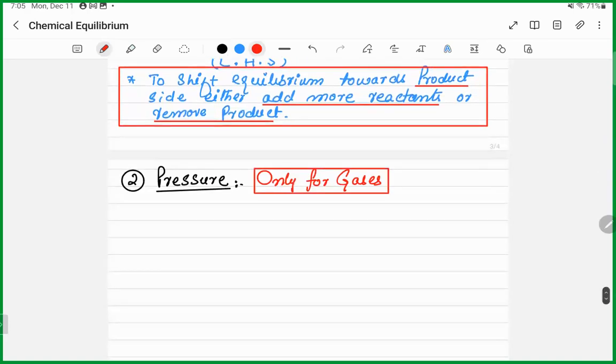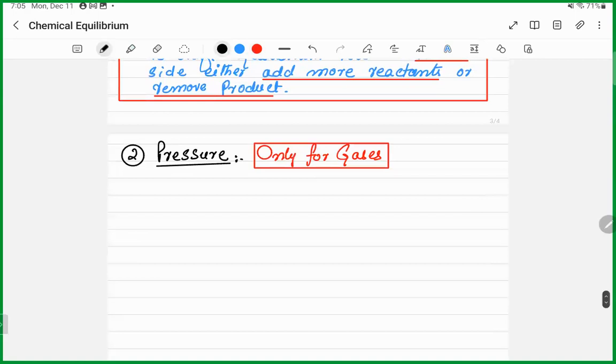So this concept is only for gases. The statement is quite simple. Again, if you have a chemical reaction, let's take the same reaction N2 gas plus 3 H2 gas forming 2 NH3 gas.